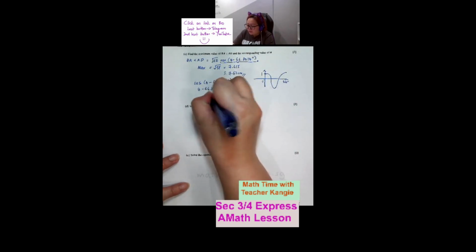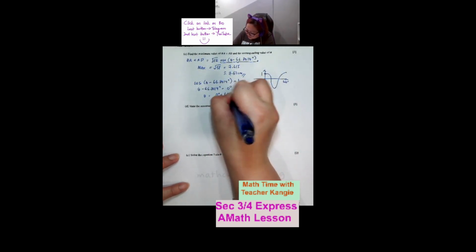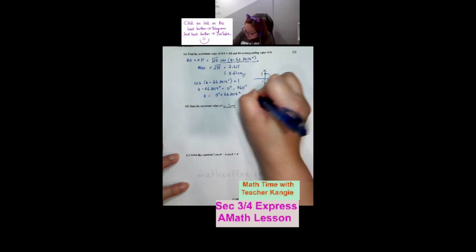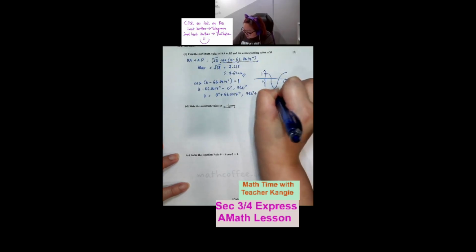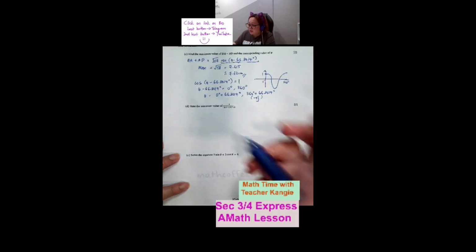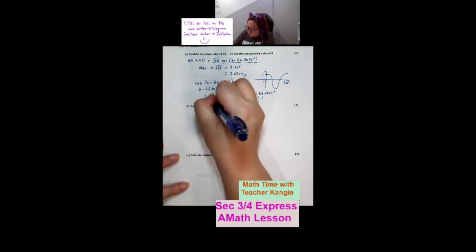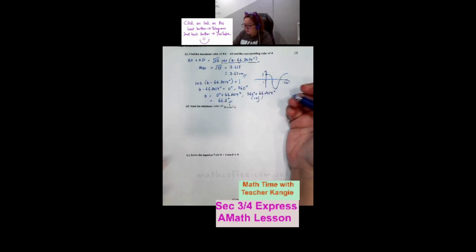And the corresponding theta will be 0 plus 66.8014, and then 360 plus 66.8014 degree. This one I can reject because it's already out of the range. Our theta is always acute. So therefore it is 66.8 degree. And we're done.